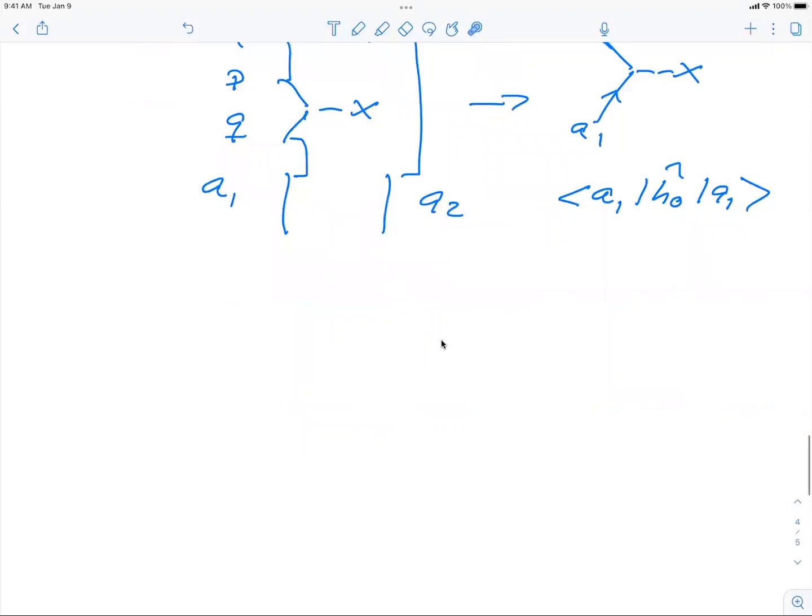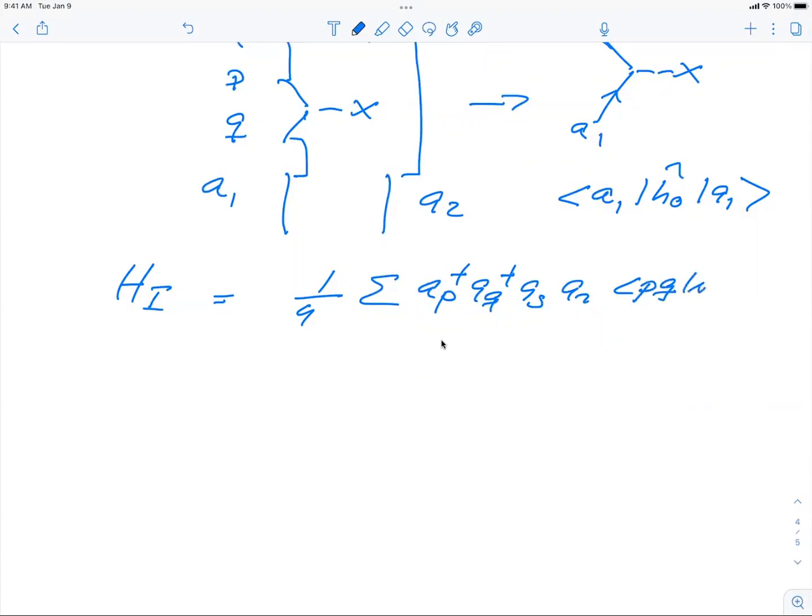And then we had the two-body operator, which we called H of I, which was then given by 1 divided by 4, and then we had a_P dagger, a_Q dagger, a_S, a_R, and then a matrix element ⟨PQ|V|RS⟩ anti-symmetrized.